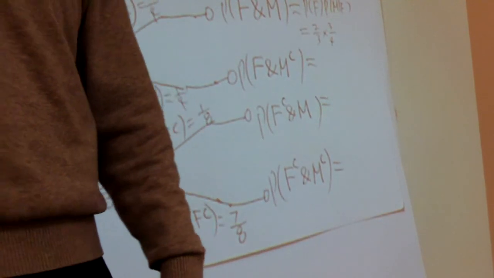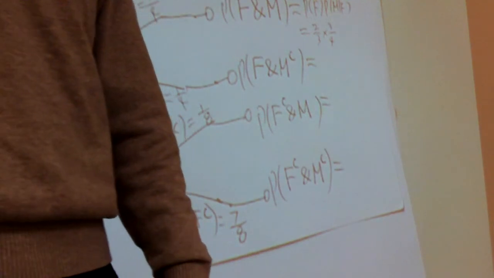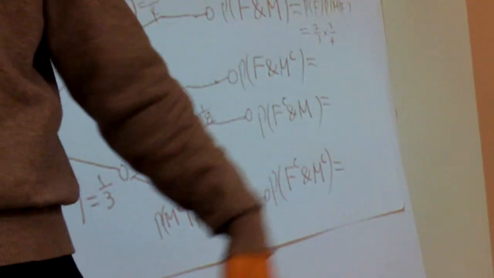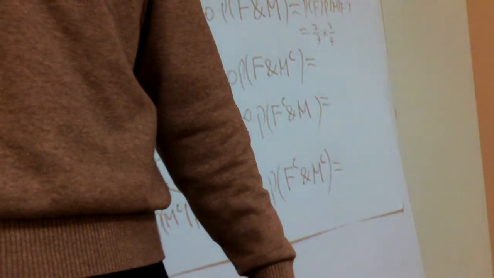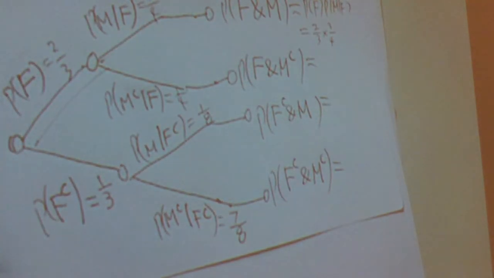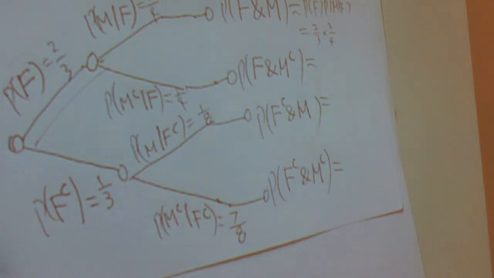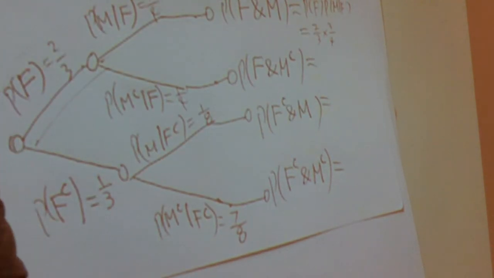And that rule actually is more convenient than using formula when your tree is getting bigger, you have multiple stages. So you don't have to use a formula. You just follow the route from starting node to the ending node. You multiply the probabilities on the route. That's a much better way than using formula. And actually, that's one of the advantages of using probability tree diagram.